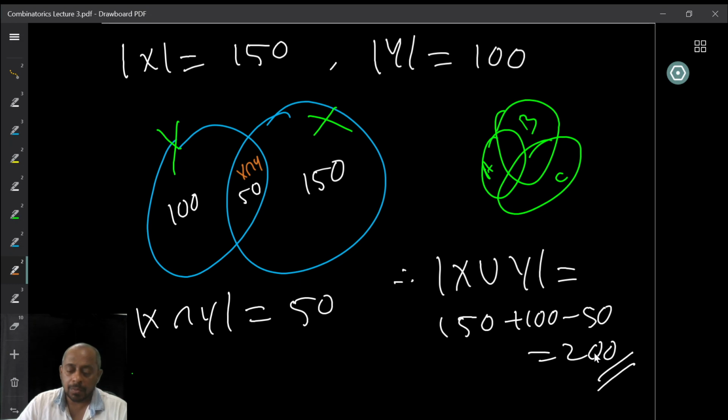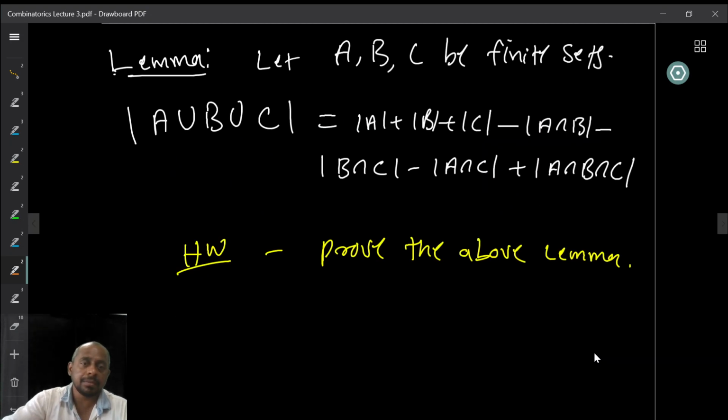Now can you prove something similar when there are 3 intersecting sets, let's say A, B and C? The following theorem is a homework. If A, B, C are finite sets, then the cardinality of A union B union C is the cardinality of A plus the cardinality of B plus the cardinality of C, minus the cardinality of A intersection B, minus the cardinality of B intersection C, minus the cardinality of A intersection C, plus the cardinality of A intersection B intersection C. Because these elements we had counted 2 times each, but we have subtracted them more than that.